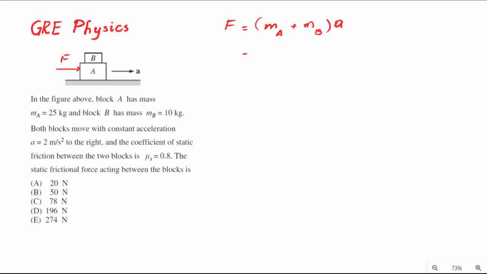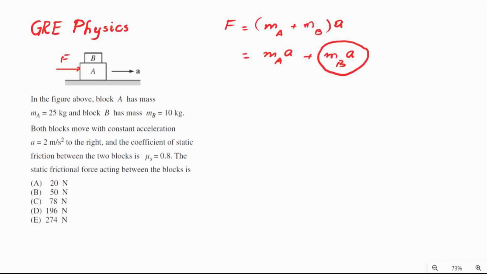Now this can be further written as mass of block A times its acceleration A plus mass of block B times acceleration A. Now this part of the applied force F, which is m_B times A, is the force acting on block B, which of course is coming from block A.